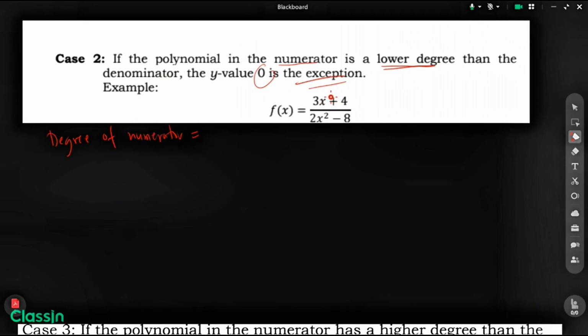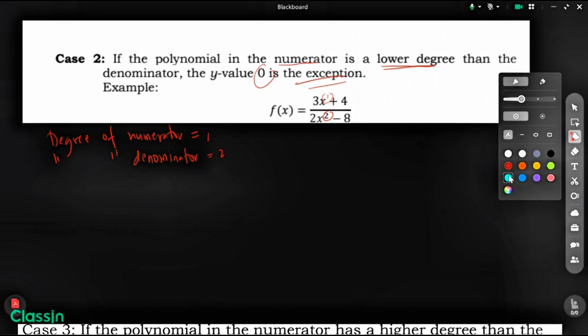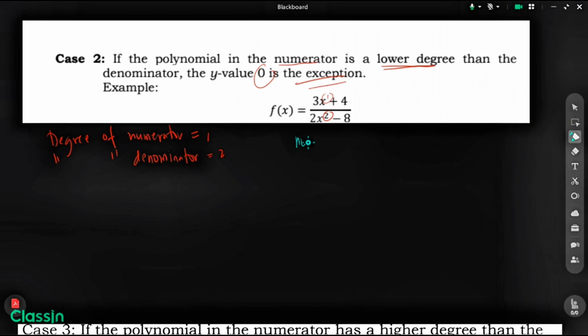Again, we have the degree of numerator is 1, and the degree of denominator is 2, right? So in this case, the numerator is less than the denominator.